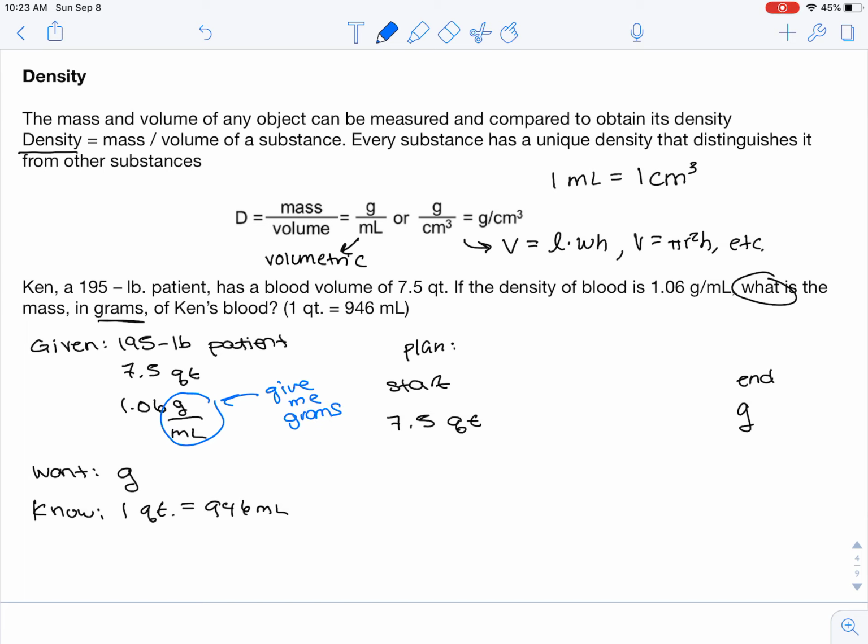However, the quart and the milliliters aren't the same, so I need to convert quarts to milliliters, then use the density to get grams. And then you just plug it in.